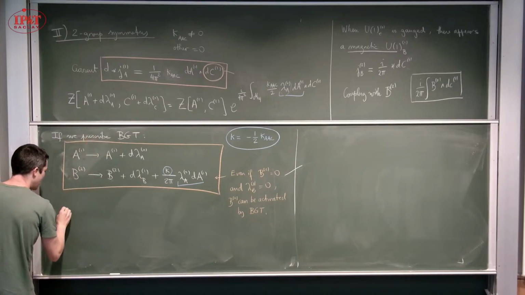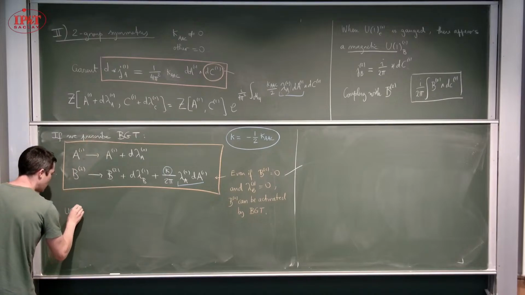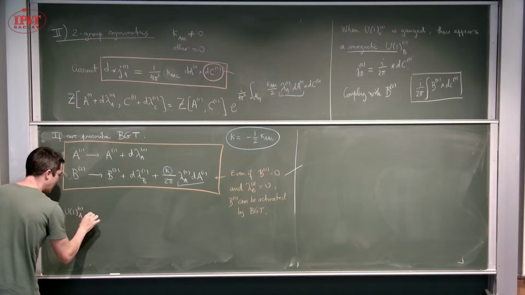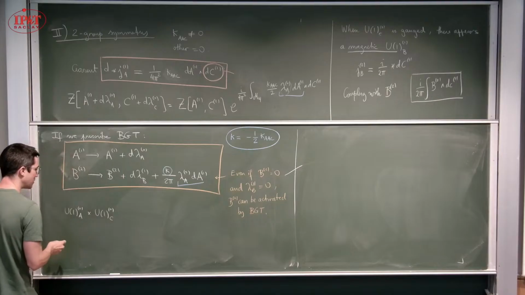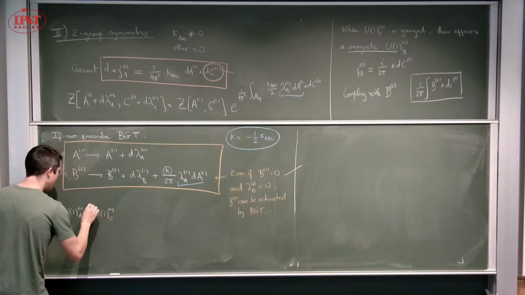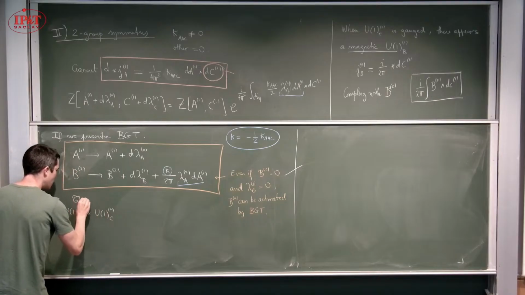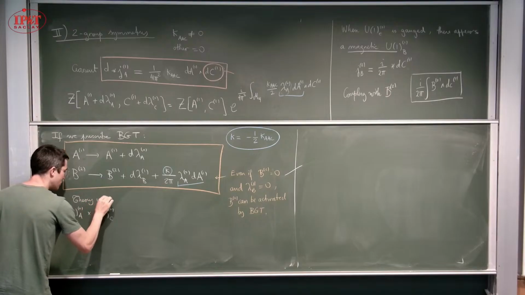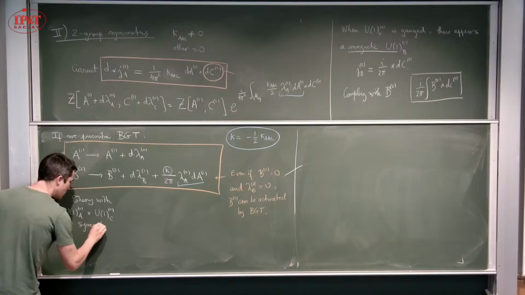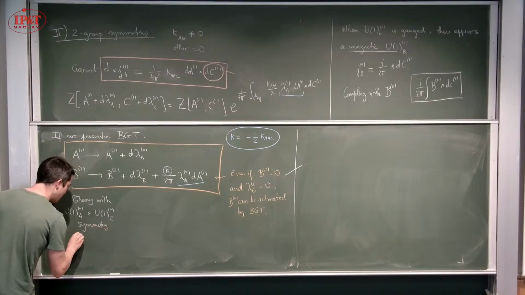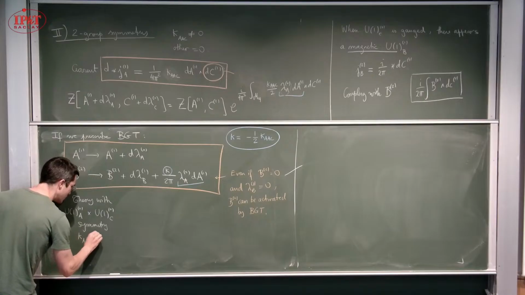We started from a theory with a U1 A times U1 C symmetry. We have a theory with this symmetry, and we had a mixed anomaly kappa A A C non-zero.